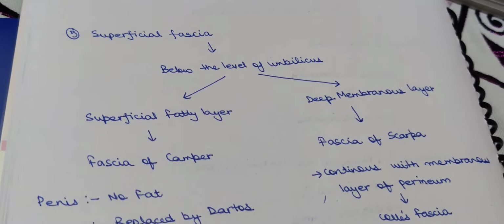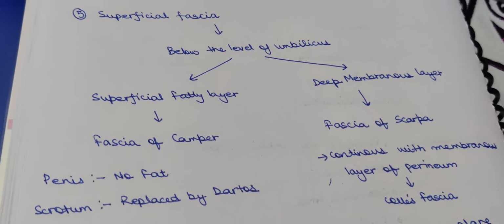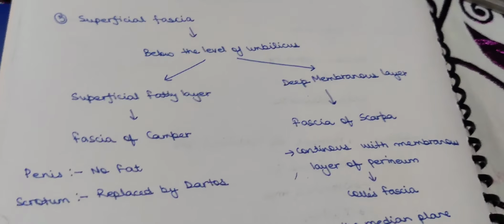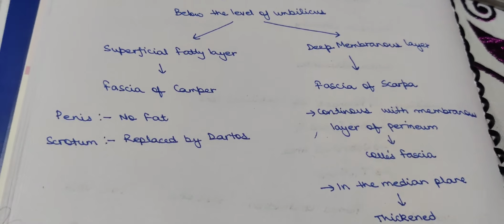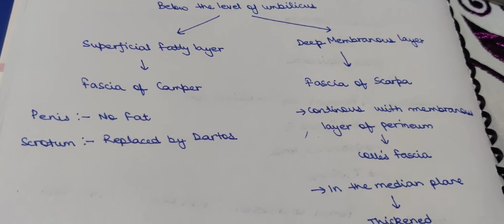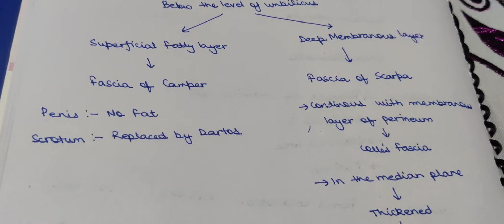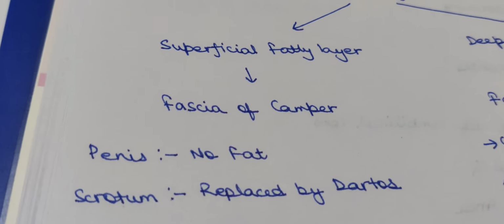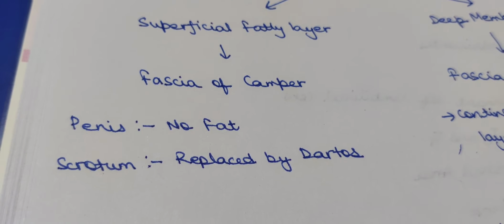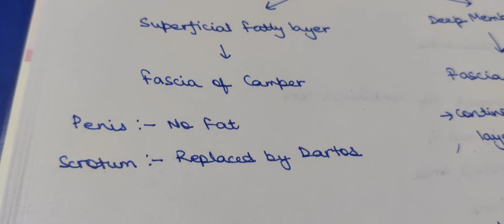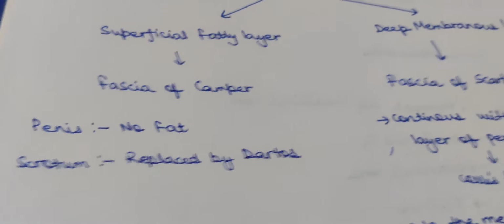Now let's see superficial fascia. Superficial fascia is just one layer above the level of umbilicus. Below the level of umbilicus, it divides into a superficial fatty layer known as fascia of Camper. It is devoid of fat in the penis and it is replaced by dartos muscle in the scrotum.